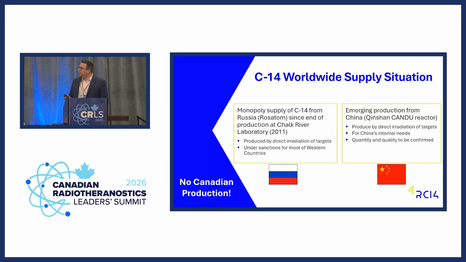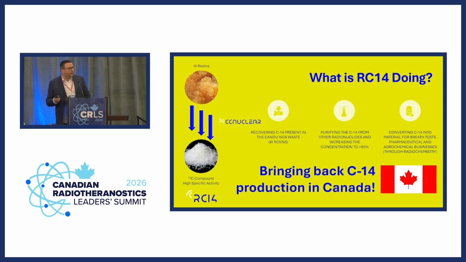And how do we do that? My colleague and I had a crazy idea of turning nuclear waste liability into a commercial opportunity, and not producing new isotope, but leveraging already produced isotope by the nuclear industry. So what we are doing is we are extracting the carbon-14 from one of the wastes, which is ion exchange resin, and we are purifying it, enriching it to pharmaceutical grade, higher than 85% concentration, that can be used as a tracer.